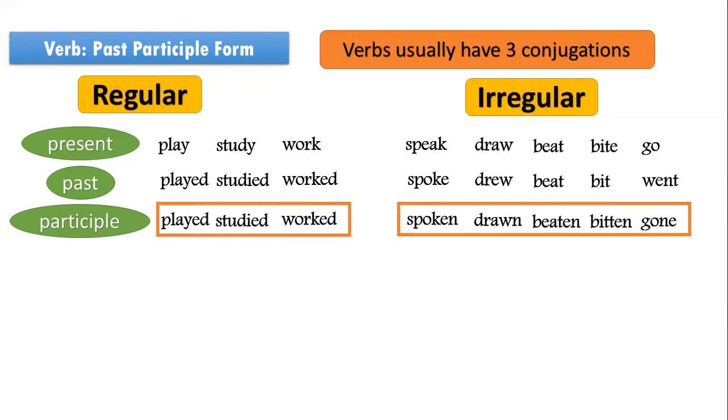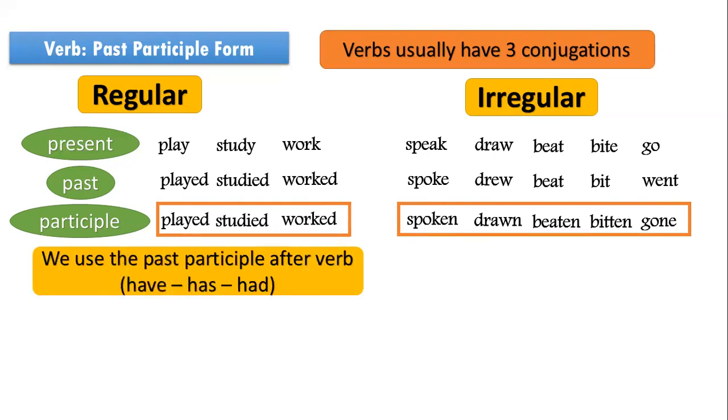These ones here, played, studied, worked, spoken, drawn, beaten, bitten, gone, they all come after the verb have, has, or had. So whenever you have an auxiliary verb like have, has, or had, what we use is "taken," not "took."